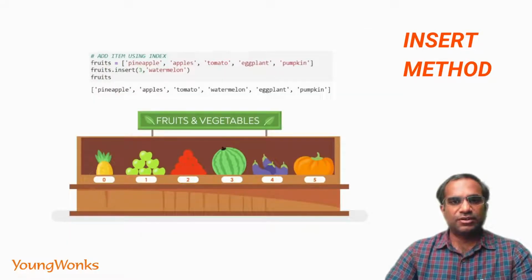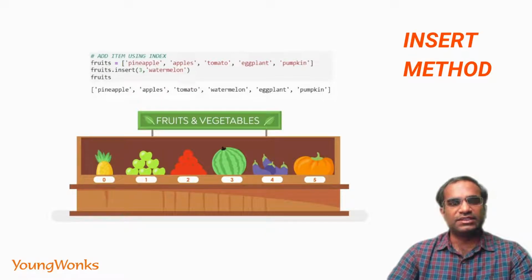The next method we're going to learn about is the insert method, which allows us to add an item into the list at any position. It takes 2 arguments. One is the index of where the item needs to be added, and the second is the item itself. Let's take a look.